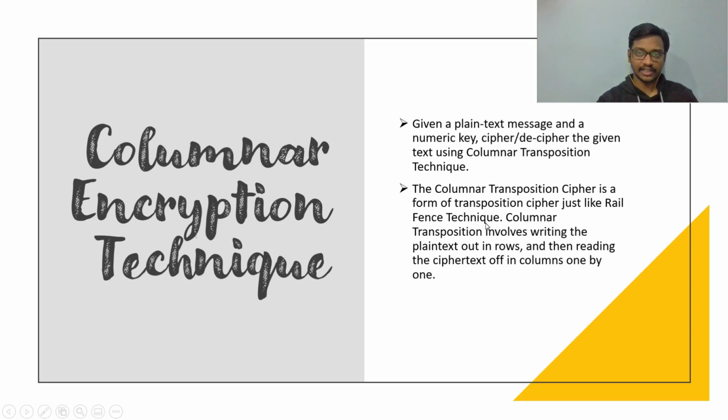In the rail-fence technique we arrange the plain text in a diagonal way and read it as a sequence of rows. Here we arrange the plain text as a number of rows and then read the ciphertext column by column. So here the numeric key plays a major role.